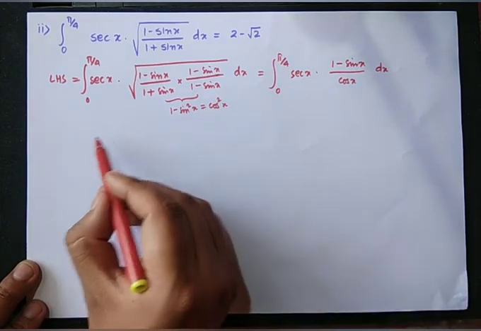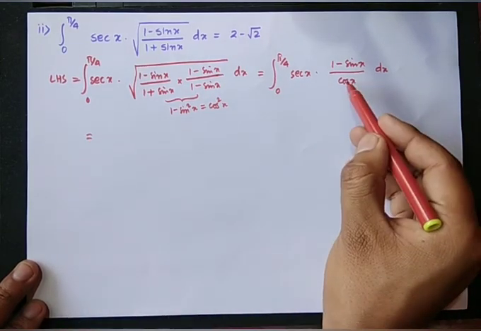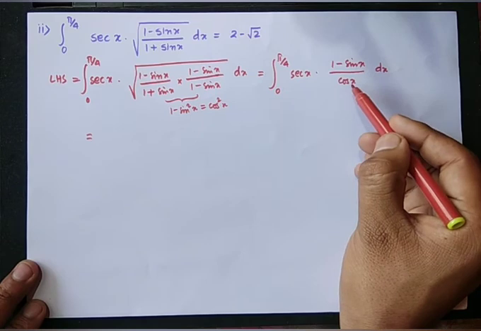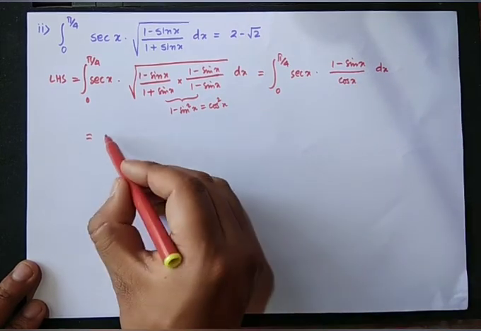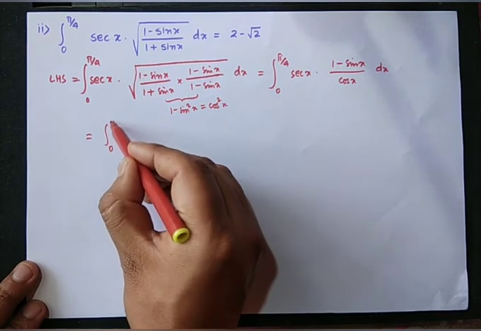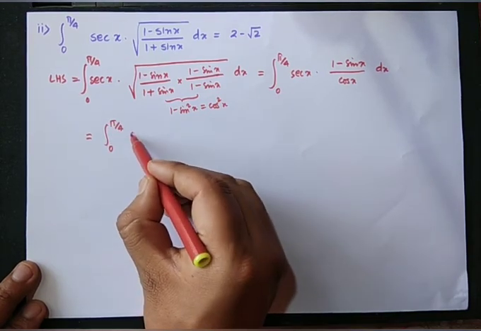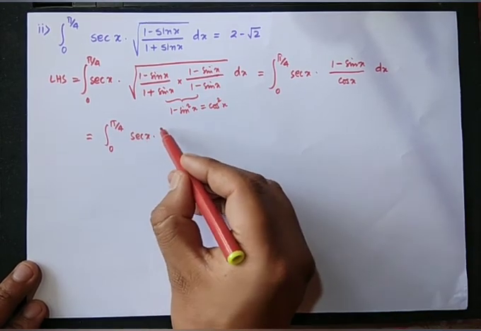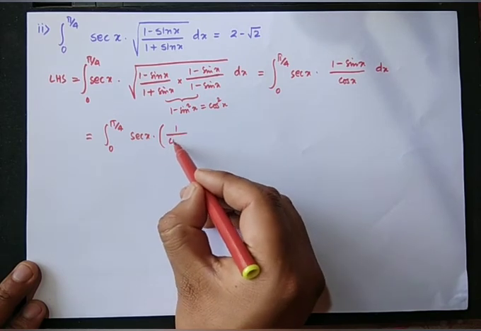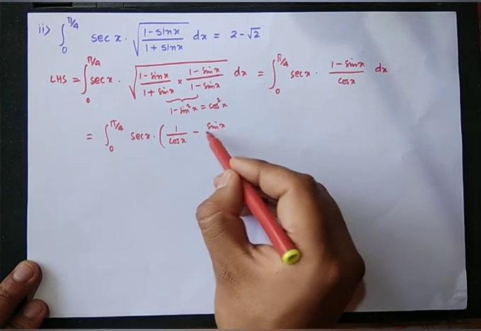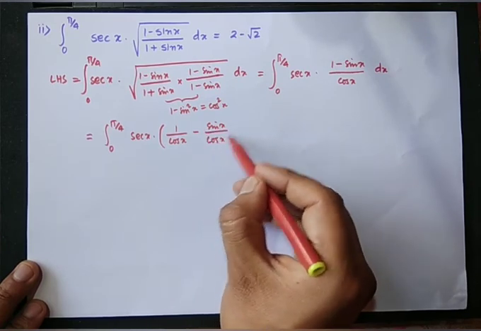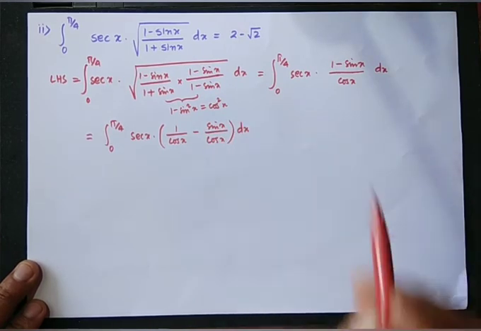As I said earlier, since there is only one term in the denominator, I'll split this. After splitting, I'll get 0 to pi by 4, sec x into 1 by cos x minus sin x by cos x dx. Right?